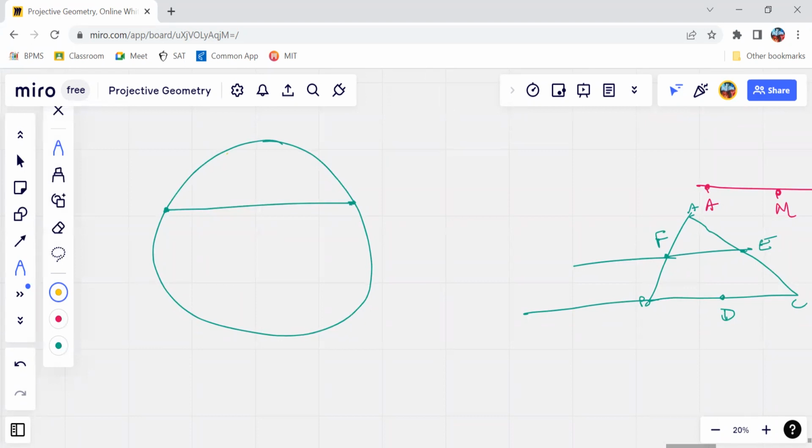So, okay, what's the statement? I think it's this.